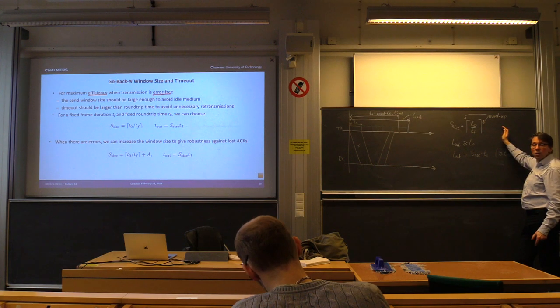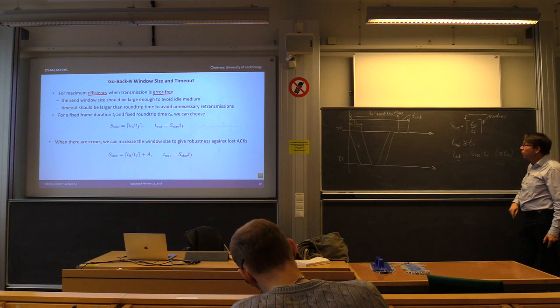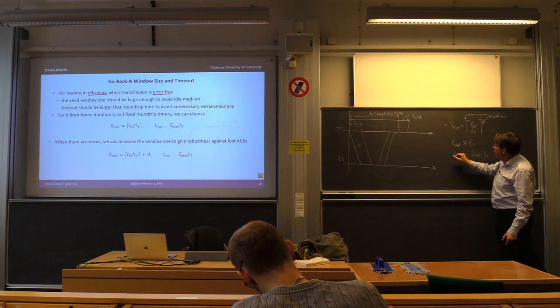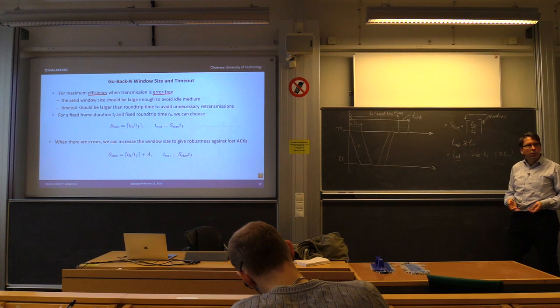Okay. So we want the timeout to be also small. So this is a reasonable choice of these two things, the send window size and the timeout. There are other combinations one could also think about, but to keep things simple, let's do this. It's not a completely stupid design, at least.